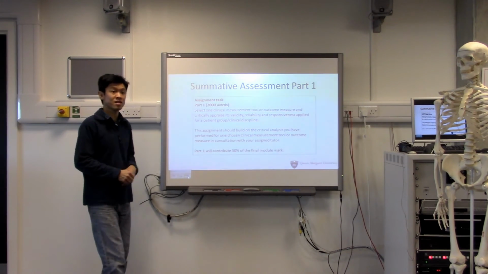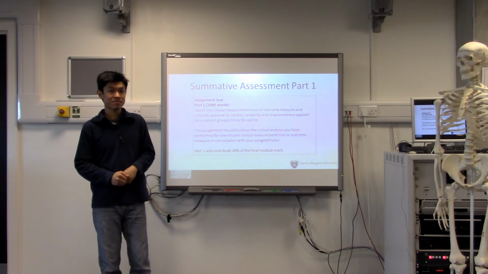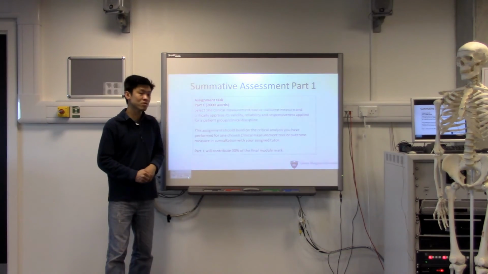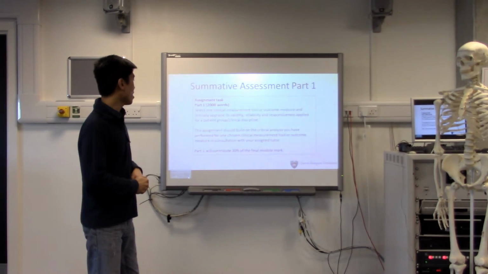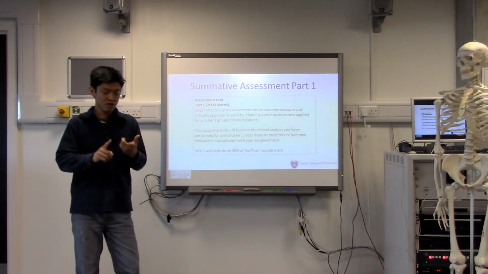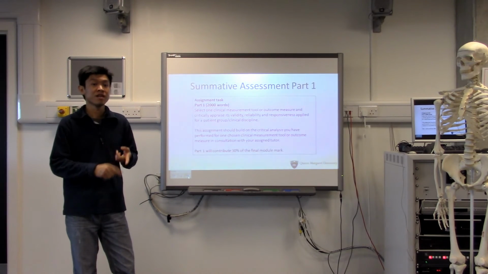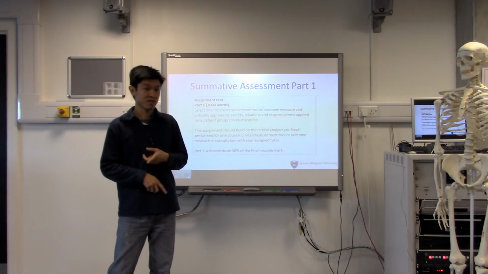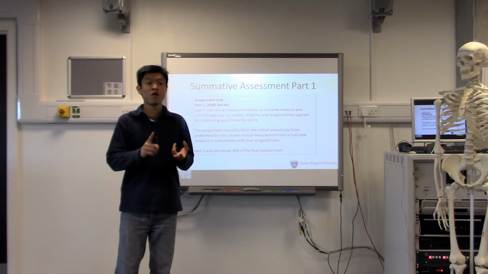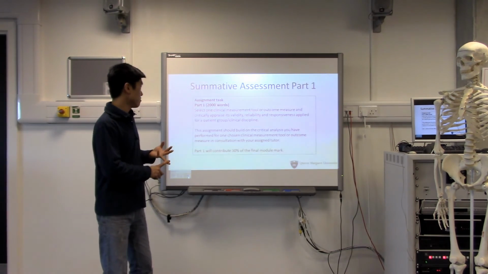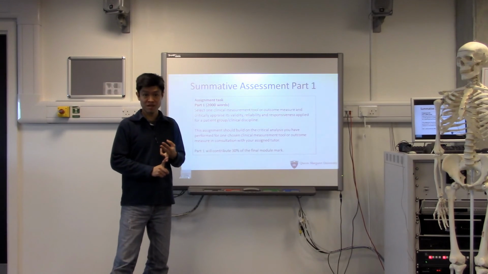The assignment is a 2,000 word assignment. And you're supposed to choose one clinical measurement tool or outcome measure, and you're asked to critically appraise the properties of it. So the 3 properties are validity, reliability, and responsiveness, which is responsivity.